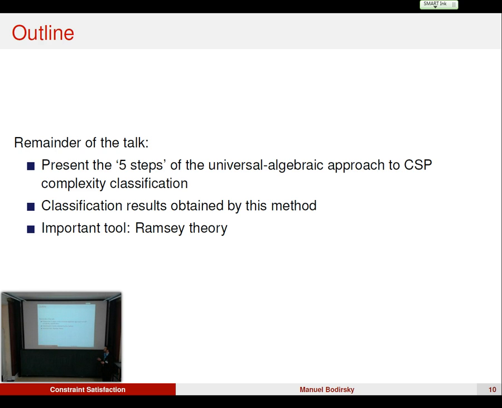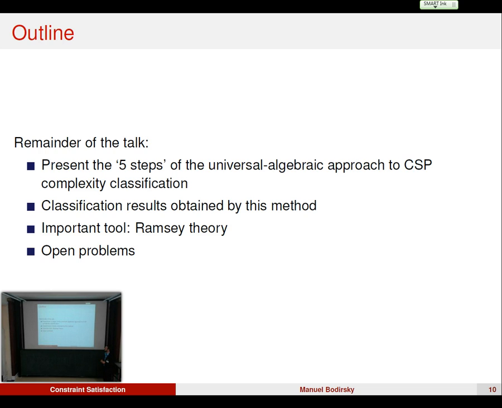An important tool to get those classification results is Ramsey theory. So we use Ramsey classes to do the combinatorial analysis that is necessary in this classification. And there are some open problems. This has triggered some open problems that are of interest, as I've seen in Lionel Nguyen Van Thé's talk, and I'll close with open problems.